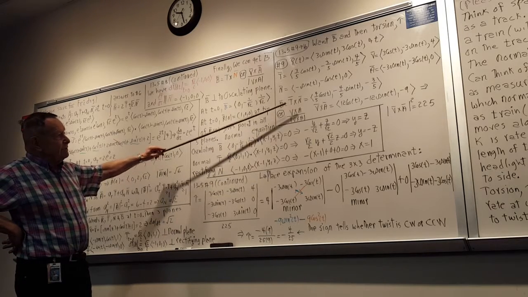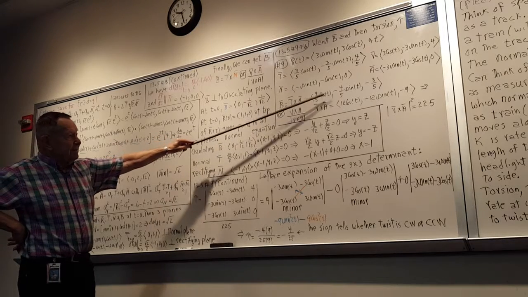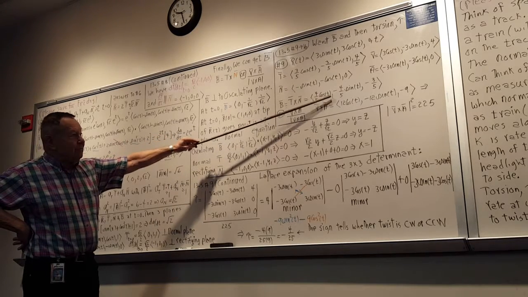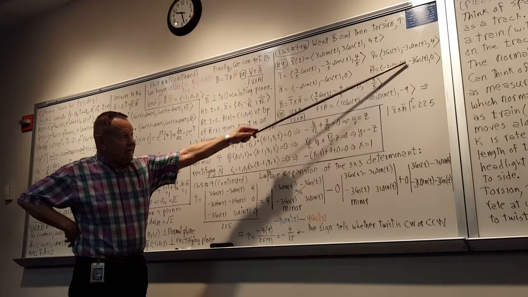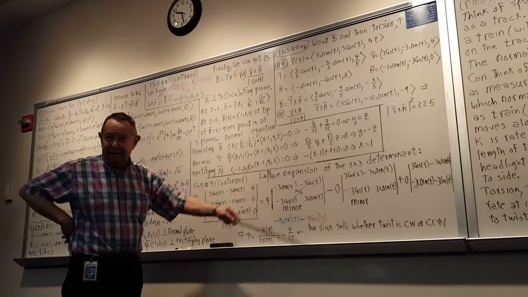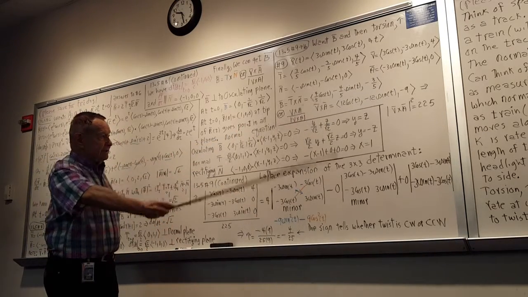Okay, so then you can do your t cross n to get the b, which they want you to do. Or if you preferred, you could simply do this cross that and then divide by the magnitude, which I said.